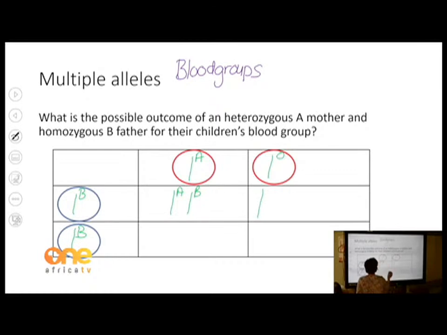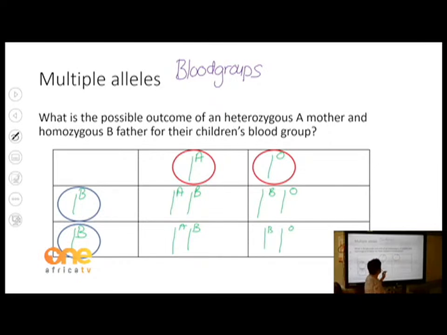And the offspring phenotype will be AB, phenotype, B, phenotype, AB, phenotype, the phenotypes. What is the blood group?